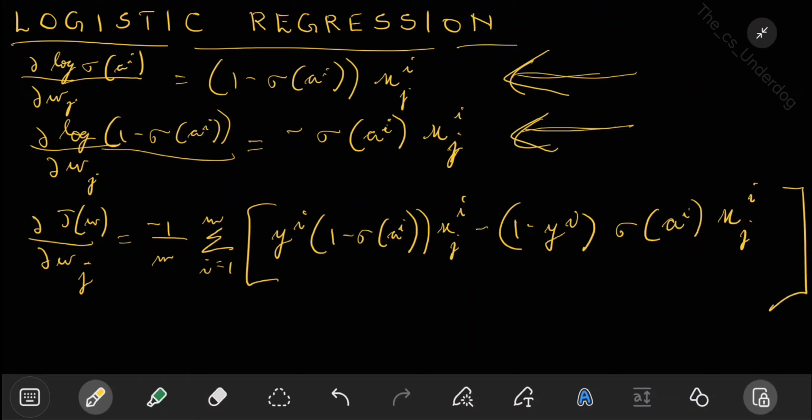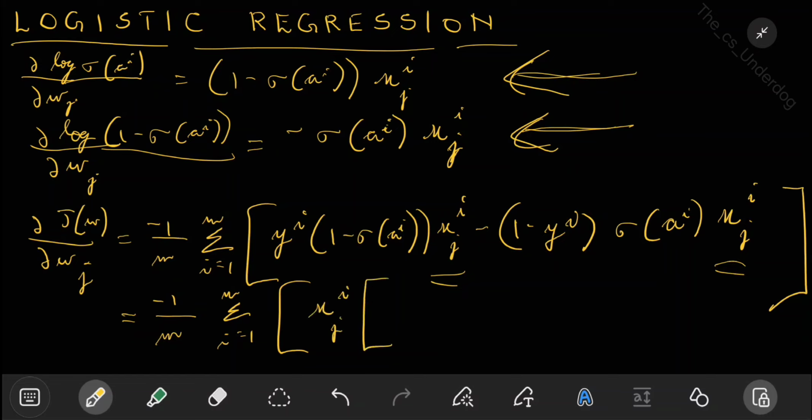Can I simplify this? Yes, I can. How can I simplify this further? I can take xji common out from all these. So it will become minus 1 by m into sigma i equal to 1 to m. I'm going to take xji common out of everything. Okay. So it will be xji into, what will the first term become? It will be yi minus, second term will be yi into sigma ai, right?